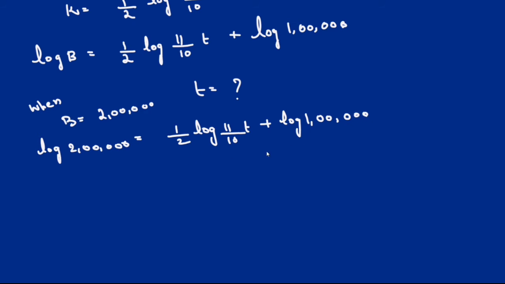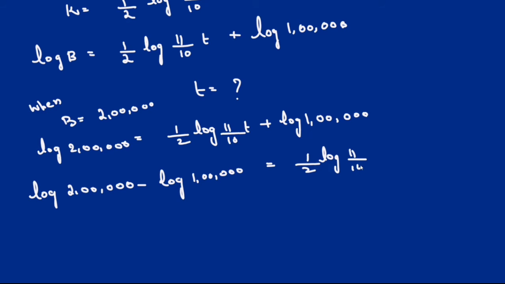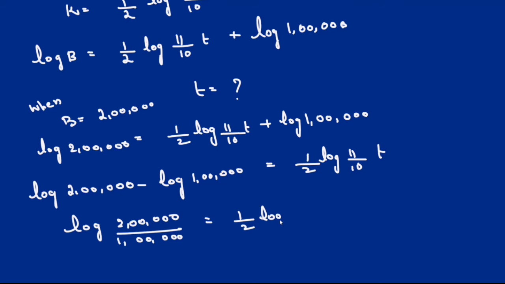So bring this log 1 lakh this side. So log 2 lakhs minus log 1 lakh, there is division, is 1 by 2 log 11 by 10 into t. So this is the quotient rule. So log 2 lakhs divided by 1 lakh is equal to half log 11 by 10 into t.